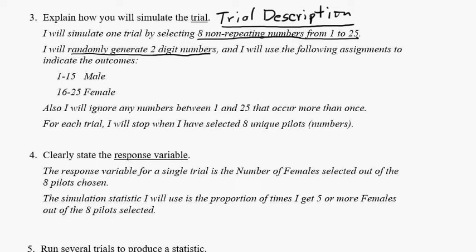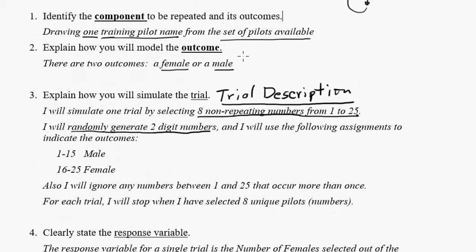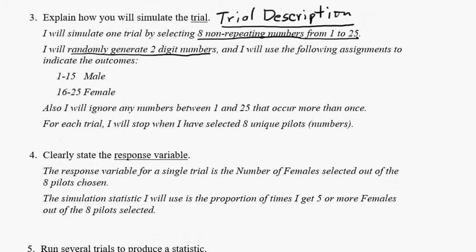Sometimes it's up to you, but if you could do the assignments up here under outcomes, it doesn't matter where you do them, you just have to do them. So here we're going to assign 01 to 15 to be male pilots, and 16 to 25 to be female.